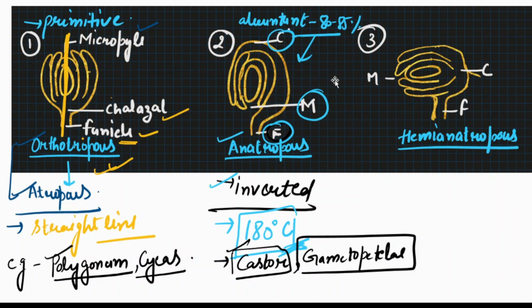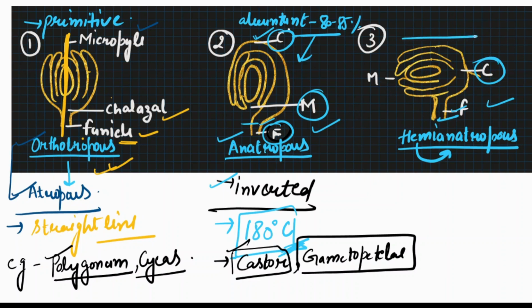Okay, the third type is the hemianatropous. Hemi means half anatropous. If you all can see here, this is anatropous, this is full 180 degree turn. If we see, the funicle is in the same position in hemianatropous also and in anatropous also. Funicle is here, funicle is here, but the chalazal end is at the upper part and chalazal end at this part.